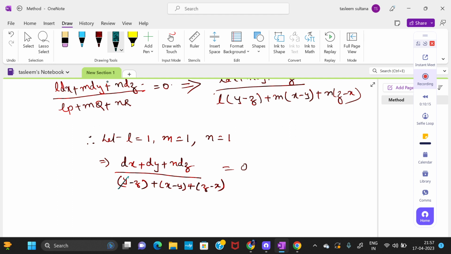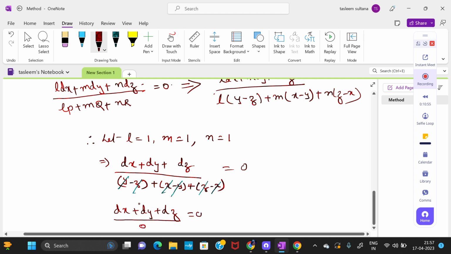Here y and minus y will get cancelled. Minus z plus z will get cancelled. Then plus x minus x will get cancelled. You are left with dx plus dy plus dz equals 0.